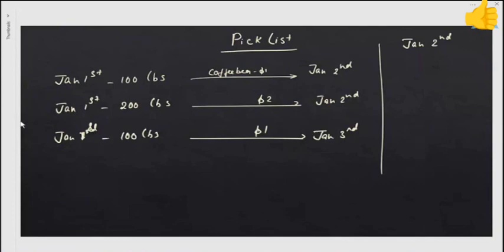Now, if it's a small warehouse like a coffee shop, that's not a big deal. It's easy. Oh, I need 100 pounds of coffee. Oh, okay, go pick that bag. Now, like I said, if I have 10 coffee shops in Chicago and all of them are serviced by one plant, in that case, the warehouse is really big.